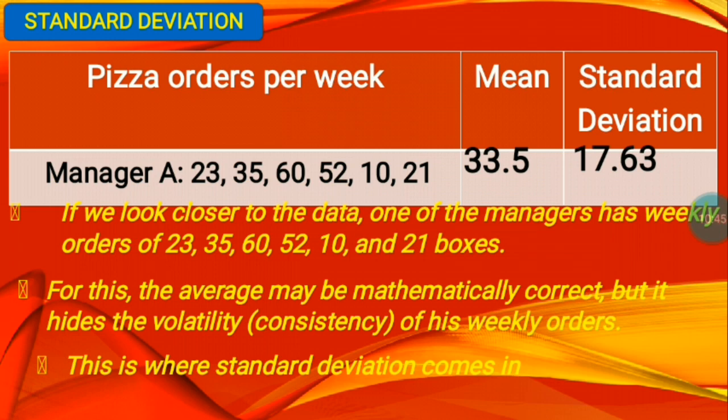By the way, that's actually manager B's data, where the mean is 33.5, but the standard deviation is 17.63. Meaning, there were weeks which had an order of 60, and there were also weeks which had only 10. So there's no consistency in the number of orders on the different weeks.